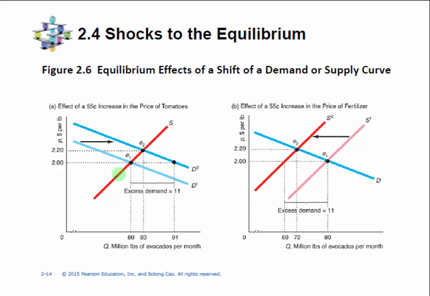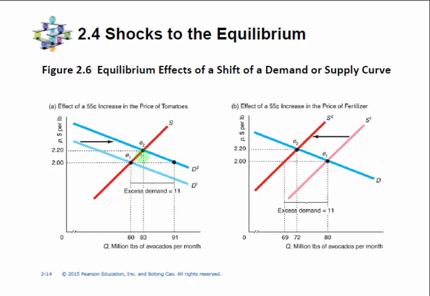The supply is still where it was, and then you have an increase in the demand. The position of the demand curve changes from D1 to D2, and the equilibrium changes from E1 to E2. The price increases by 20 cents. The equilibrium quantity increased by 3 million pounds. So that's the increase in demand.